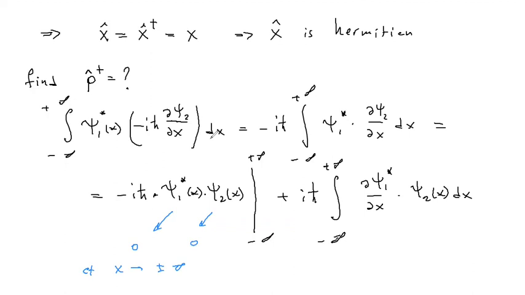So if I restrict my space of wave functions and demand that all wave functions go to zero at large distances, then I can get rid of surface terms. Don't trust me to the very end because it's not that simple.